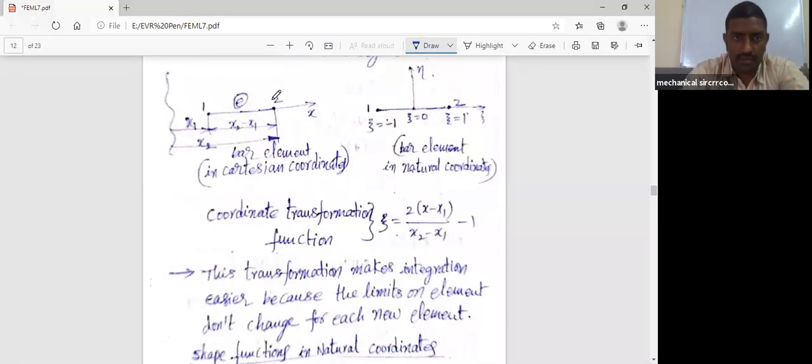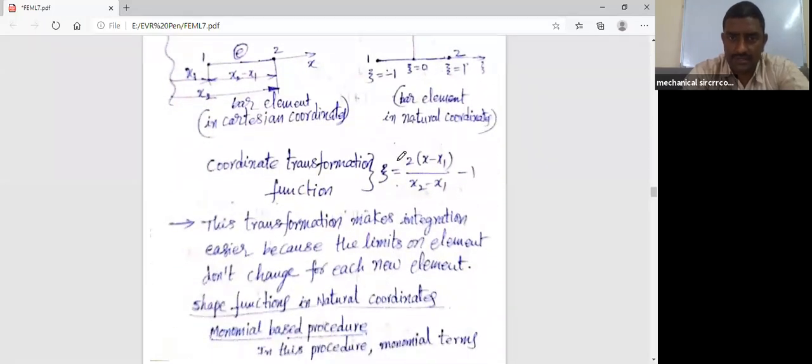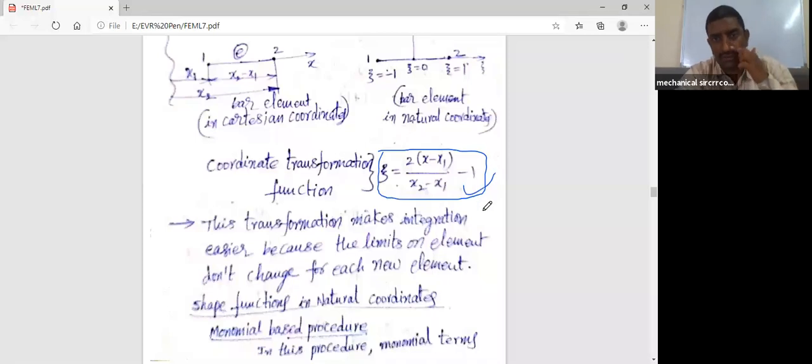You know the element is in the Cartesian coordinate system, and this same element is in the natural coordinate system. So this is the transformation function. Using this transformation function, we now have to derive the shape functions in natural coordinates.